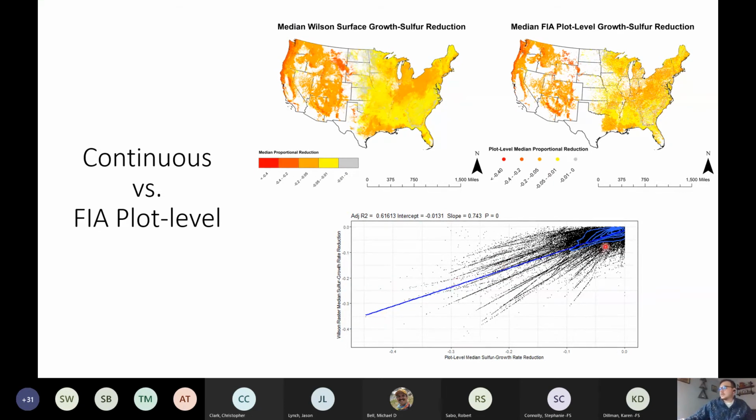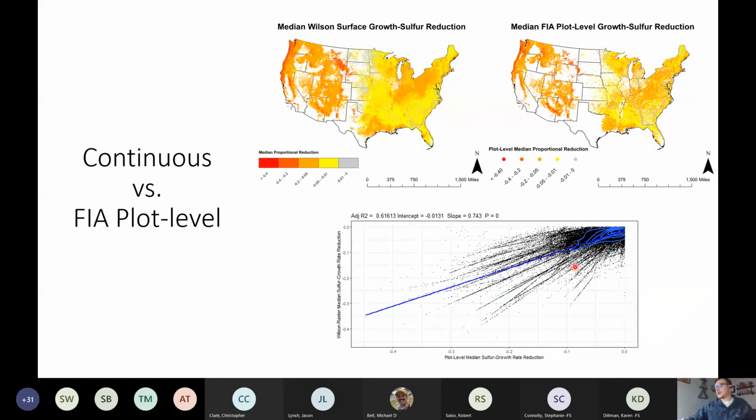The blue line is the linear regression. There's a density here. Each one of these black dots is an individual plot level median compared to the continuous surface median. Overall, the Wilson rasters actually underpredict a little bit compared to the plot level medians, but you can see there are different trends that occur.